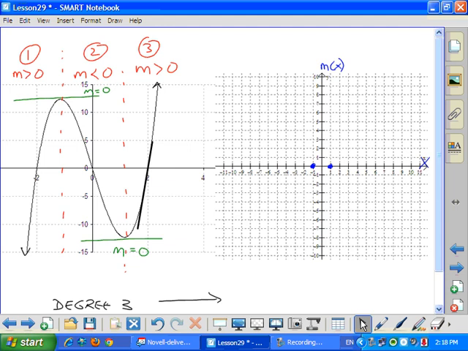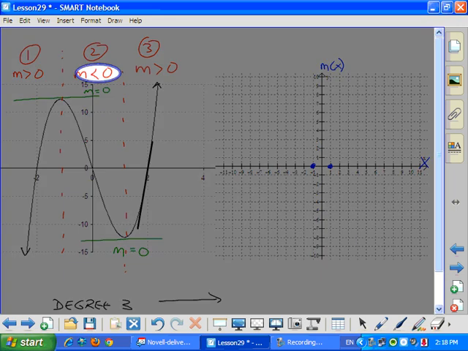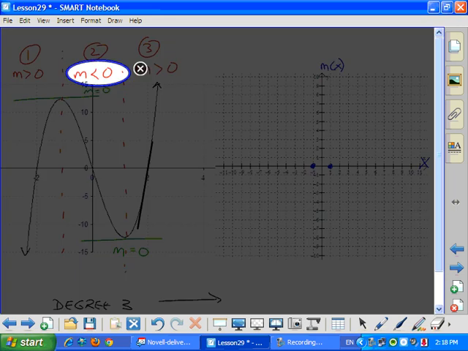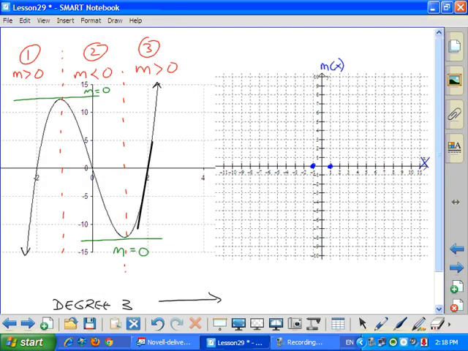All right, so what does that mean? Well, that means in between where the slopes were 0, our slope is going to be less than 0. So that means over here, we are going to have some type of curve in here to represent a negative slope. What's happening on the outsides? Well, here, slope is positive, and in section 3, it's positive.